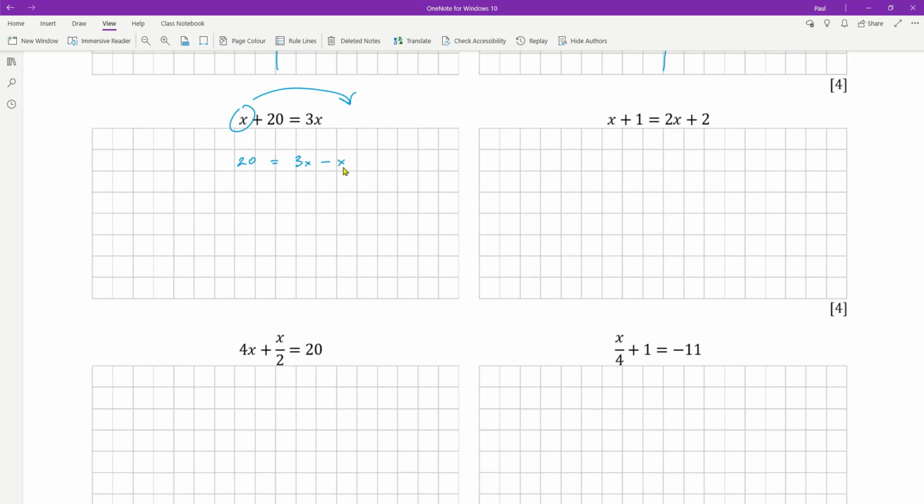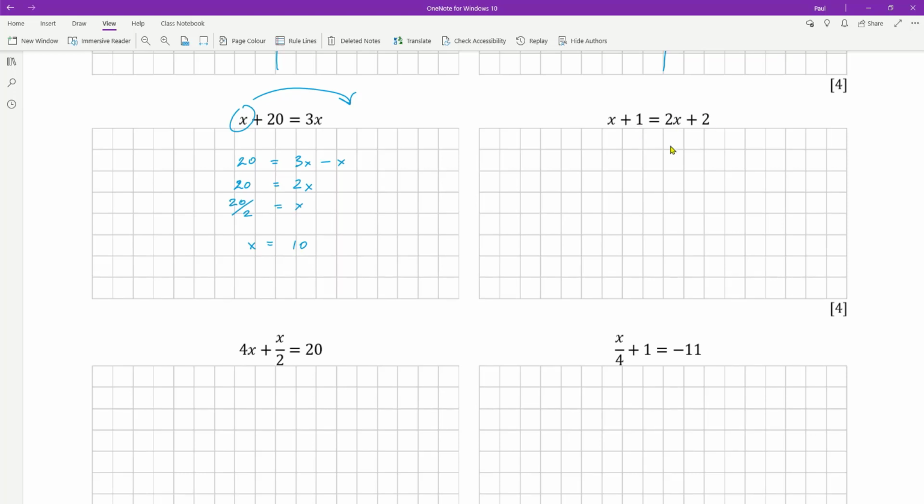So 3x minus x. Now if you don't like dealing with that in your head, remember x can be bananas. So 3 bananas take 1 banana equals 2 bananas. So that's times by, so on the other side will be divide by, so 20 divided by 2 is equal to x. So x is equal to 10.